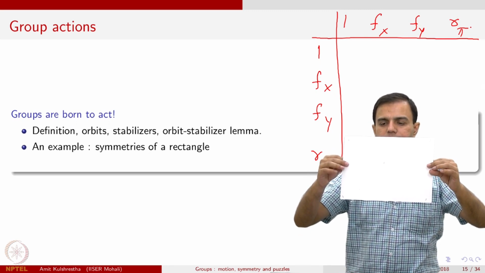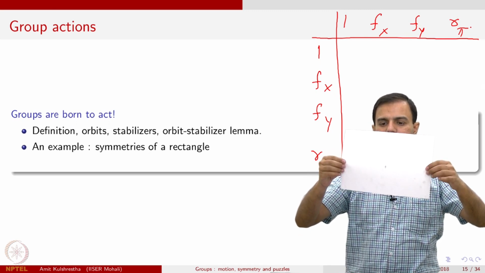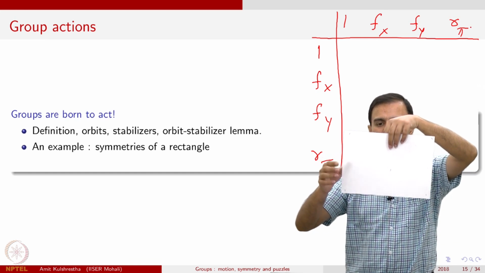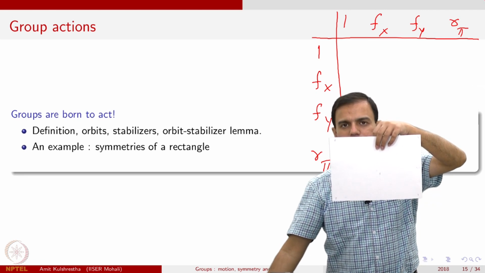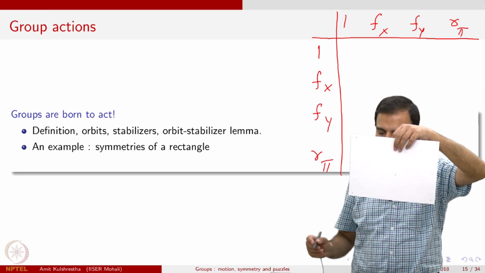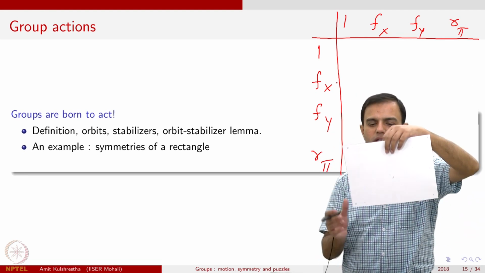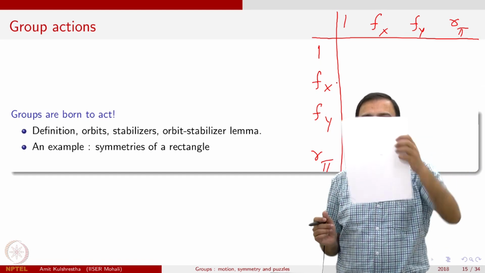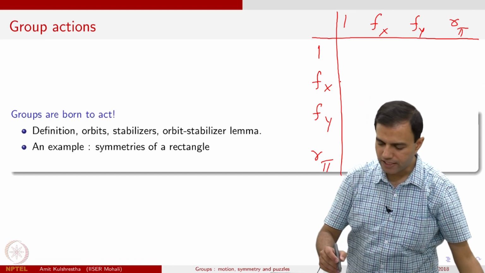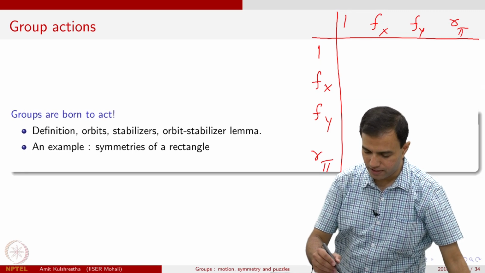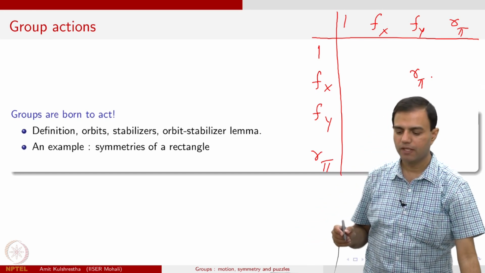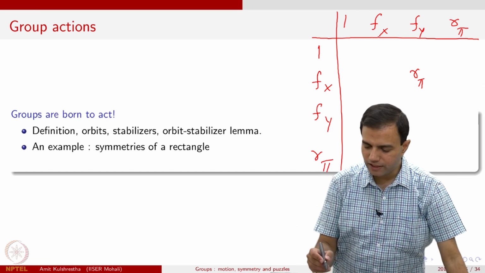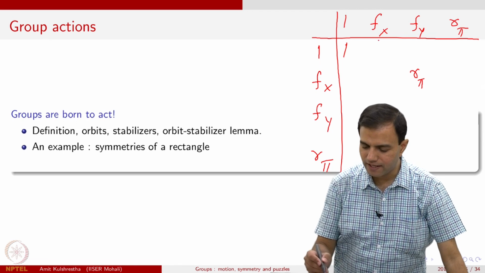I am flipping about the x-axis and after that I am flipping about the y-axis. Did you observe what has happened? When I am composing the two, fx and fy, what I am getting is actually rotation by pi. So fx composed with fy is actually rotation by pi.